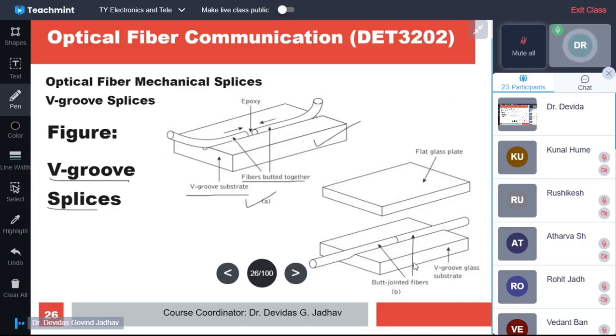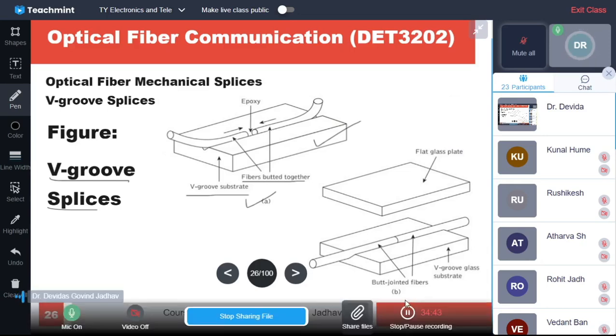And then epoxy also gives the bonding after it gets hardened. So these are the butt joint fibers, this is the V-groove glass substrate, and this is the flat glass plate of the V-groove joint. So this is shown in the figure. So this is the V-groove splicing, mechanical splicing.